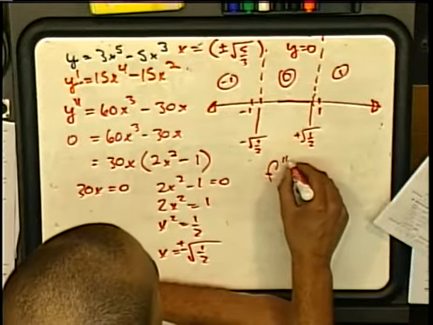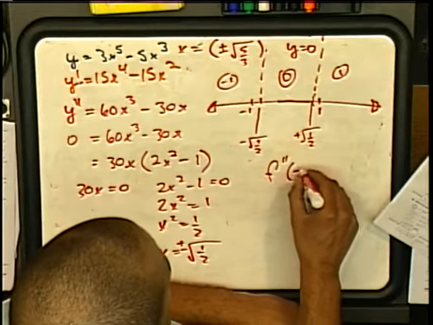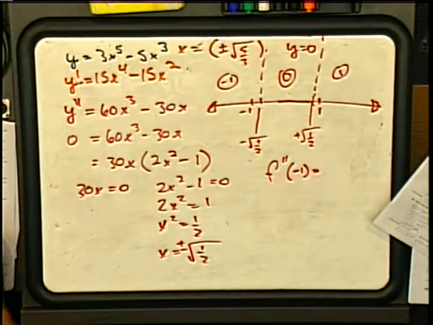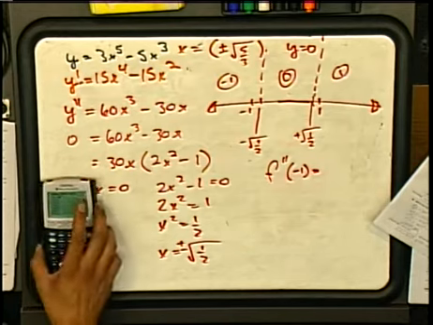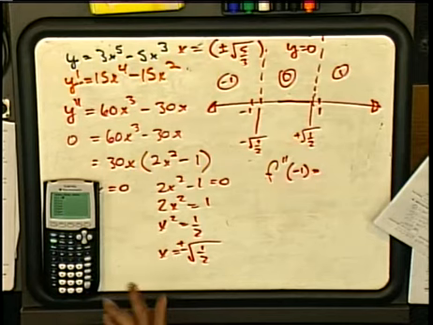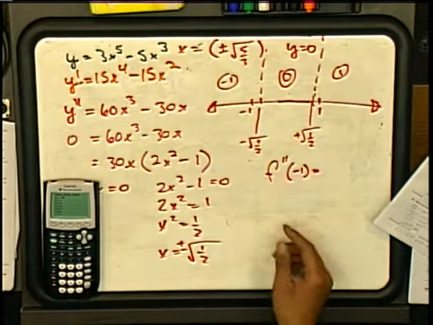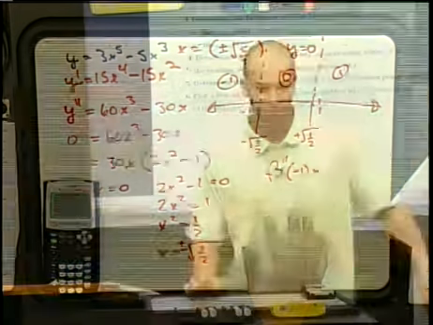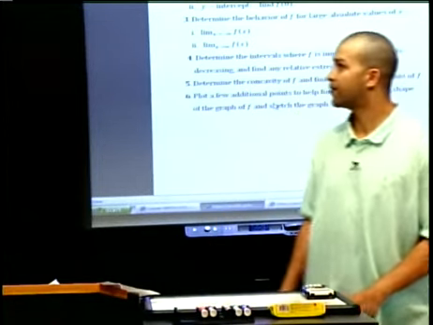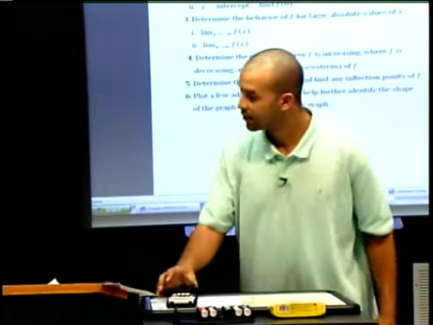F double prime of -1. Everybody know how to use the value option for the function? Can you see the calculator?